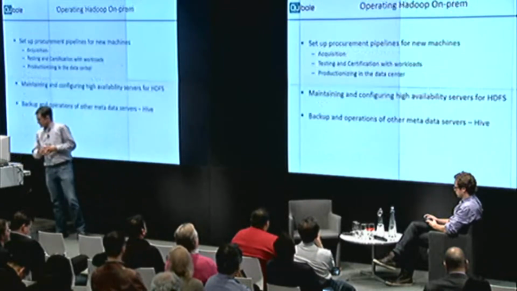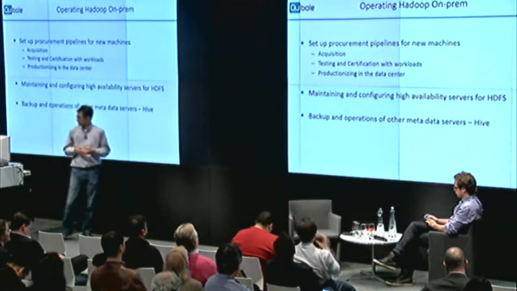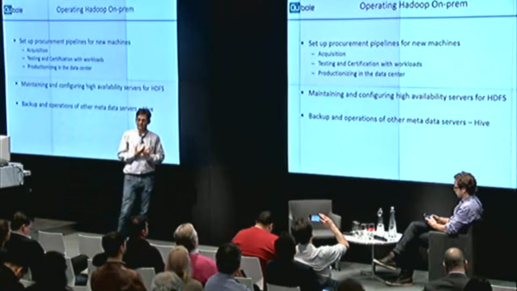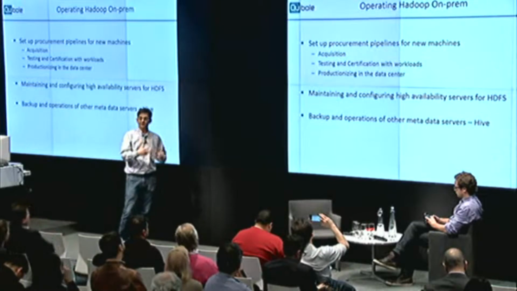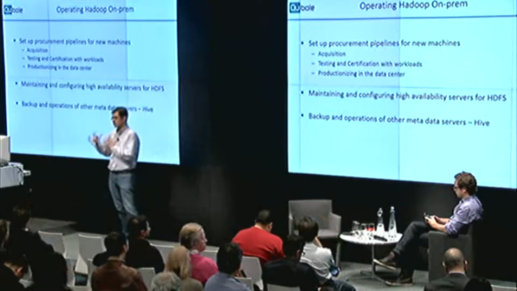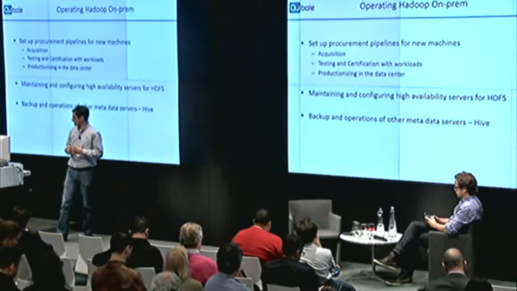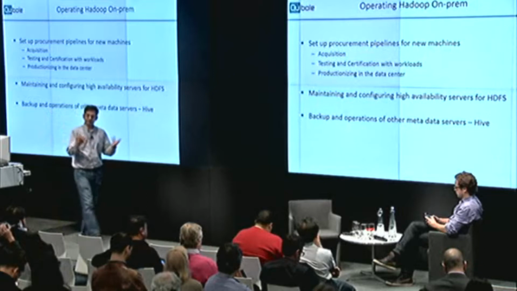The third thing that I wanted to stress is that even when you're operating this infrastructure, the way you do operations, the things that you think about for an on-prem deployment versus a cloud deployment are very different. Some very simple examples are things like high availability of servers.